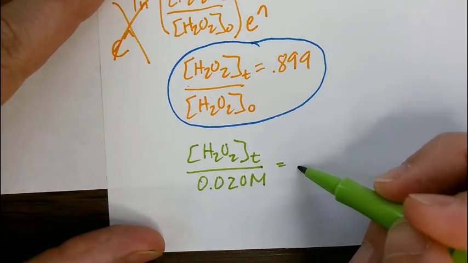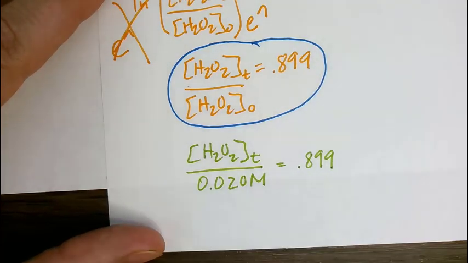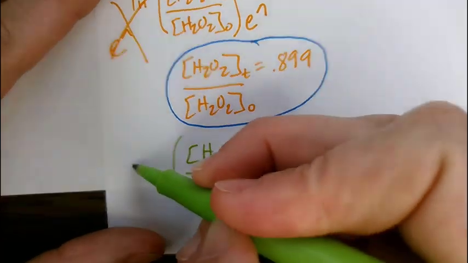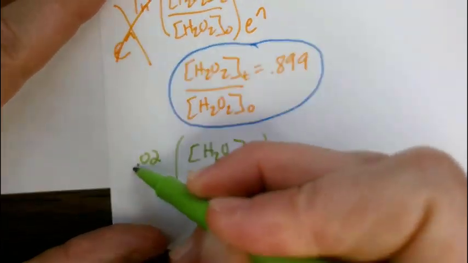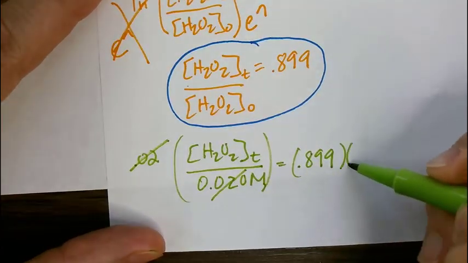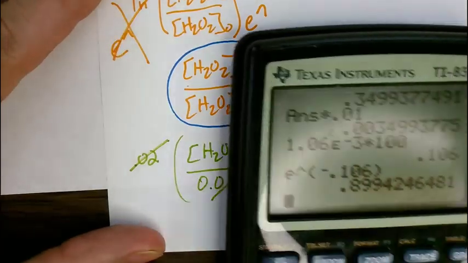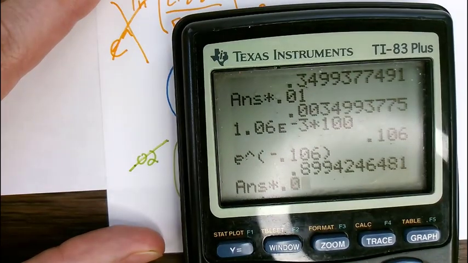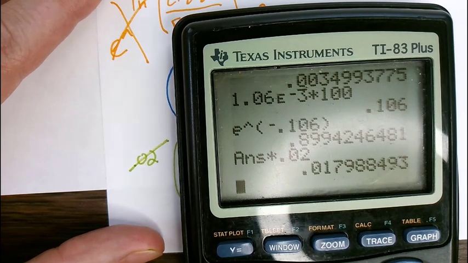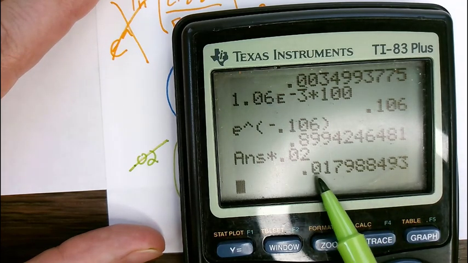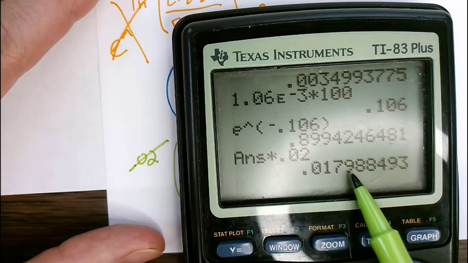And that's going to be set equal to our 0.899. So I'm going to multiply both sides by 0.02. That'll cancel that out. So 0.899 times 0.02. And we should get, with three significant figures, 0.0180.